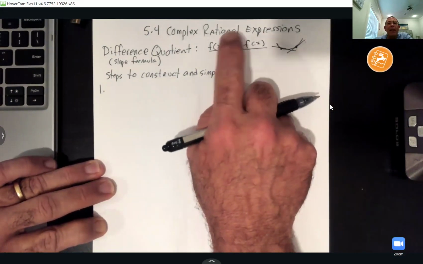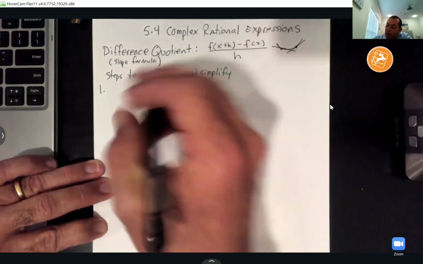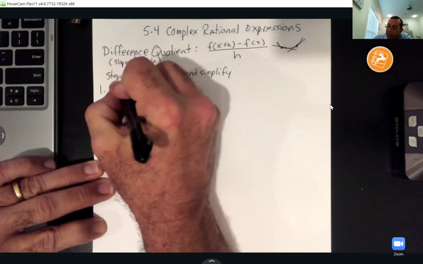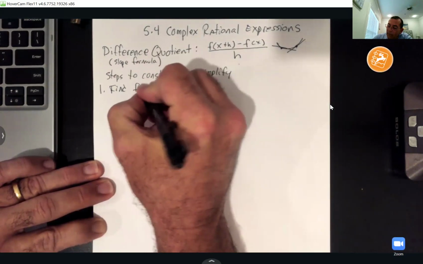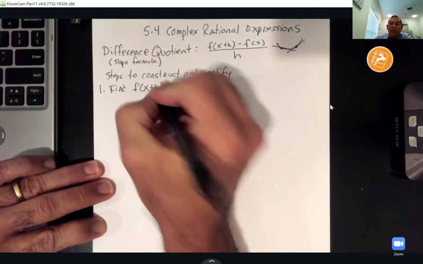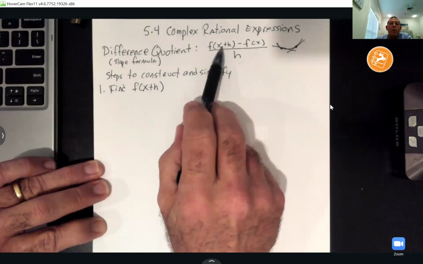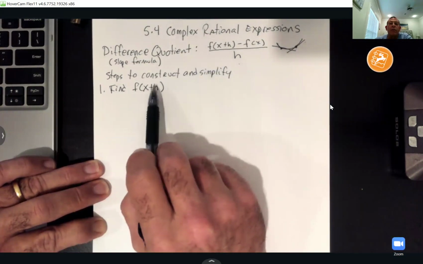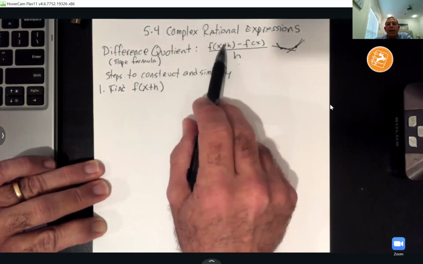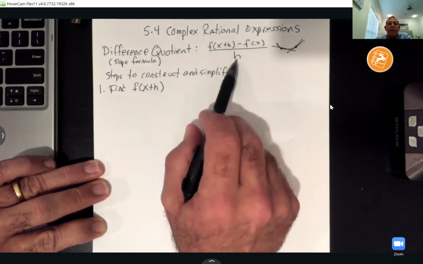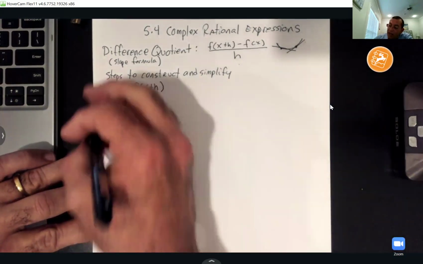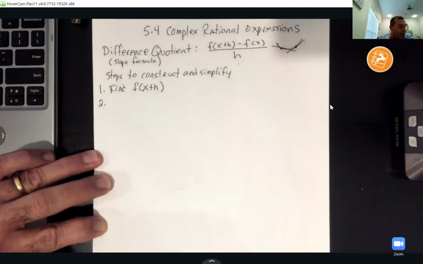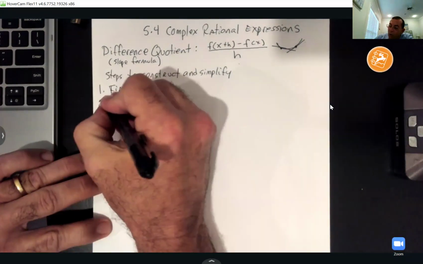So the first thing we got to do is find f of x plus h. So now, once we find what f of x plus h equals, we're going to plug it in, plug f of x in, and then remember, the bottom is always an h. So the second step, plug everything into the formula.